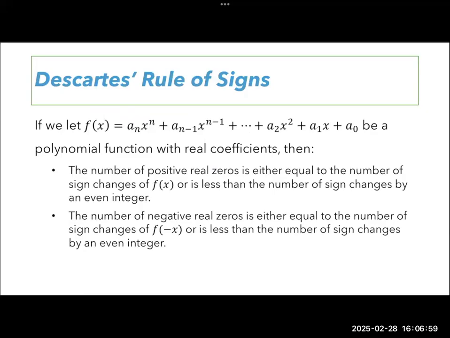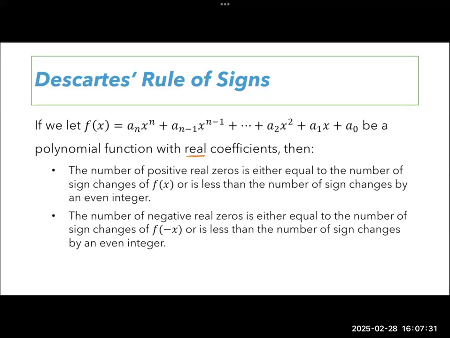There's also a tool called Descartes' Rule of Signs that can help to delineate a bit more as to what those zeros might be. The way this rule works is that if we have this polynomial in a general form with real coefficients, we've got to make sure that that is a true feature of our polynomial.